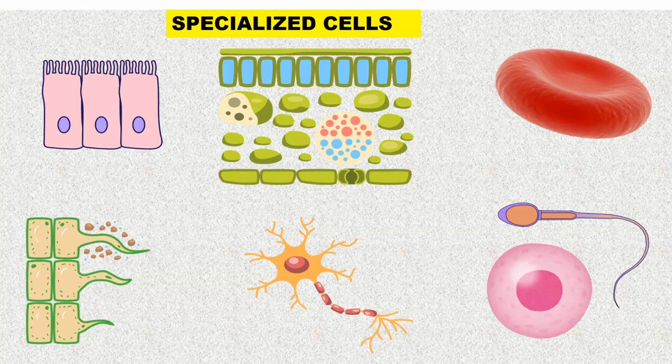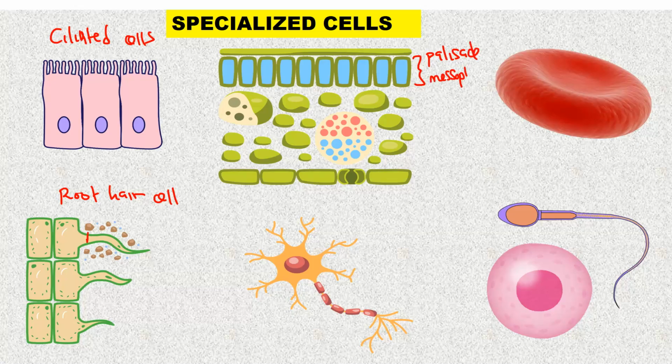So the first one, as you can see, this is the ciliated cells. Then we have root hair cells. Then these that are here, these are called palisade mesophyll cells.